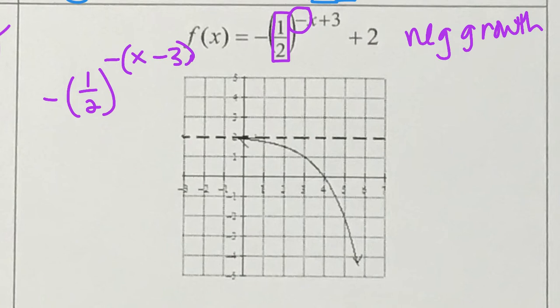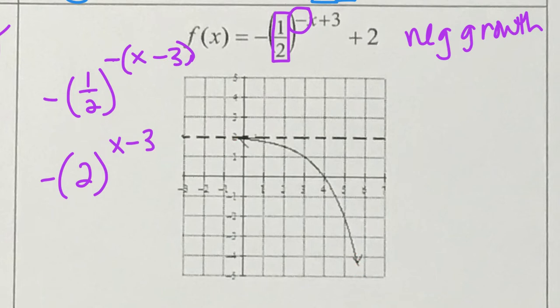Okay, and this is just the exponential part. So then if I have a fraction raised to a negative, that becomes a reciprocal raised to the positive. Okay, so if we ever have a fraction raised to a negative power, that is still a growth function. And then because there's a minus out front, that's what makes it go down and makes it a negative growth.